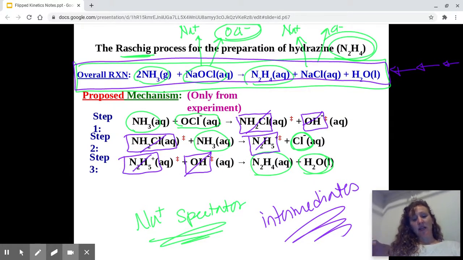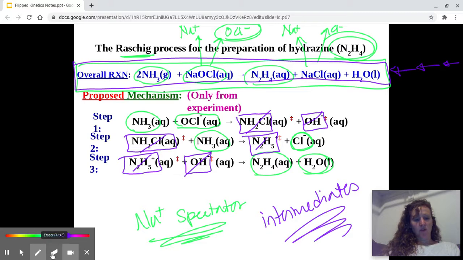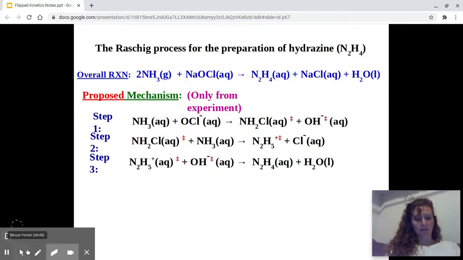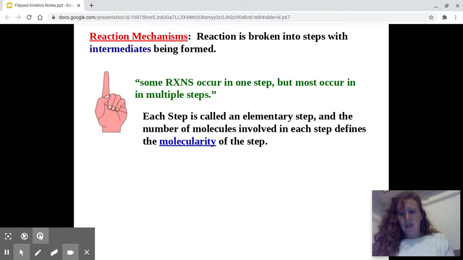Okay, so now we see what a mechanism looks like or could look like. We see what intermediates look like. Now I want to back up and give you just one more vocab word before we get into how to evaluate proposed mechanisms. The vocab word is the molecularity of each step. In the proposed mechanism, we had those 3 steps.